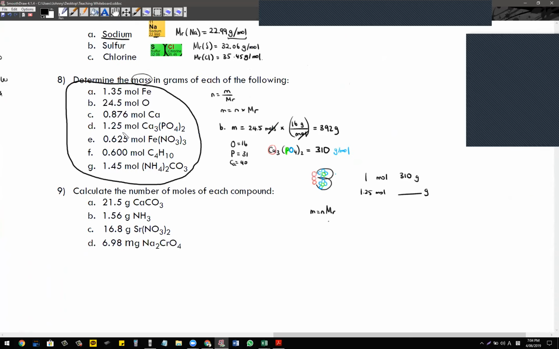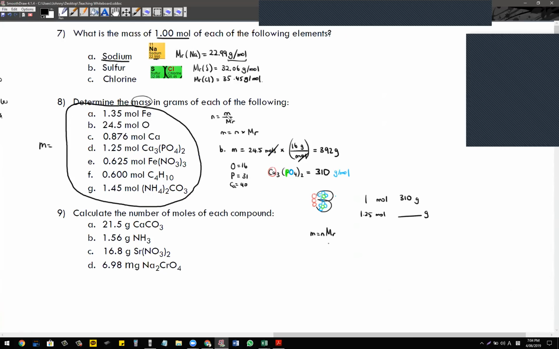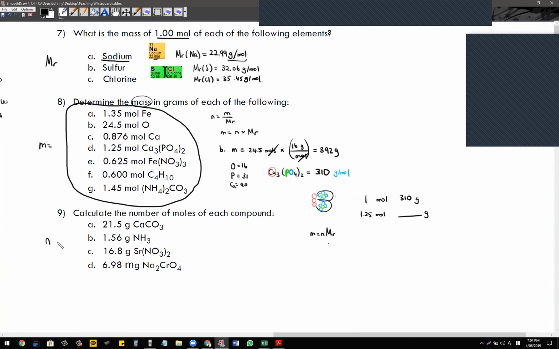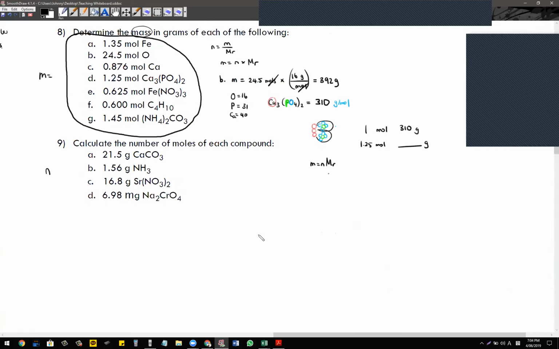So here, number 8 was figure out the mass. Question 7 was what is the molar mass? Number 9 is about what is the number of moles if you have that many grams of calcium carbonate. So number 9, A. We've got 21.5 grams of calcium carbonate.